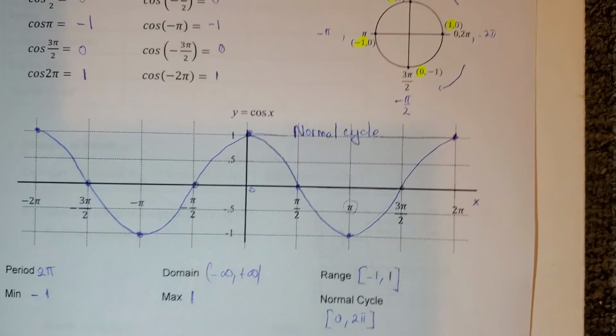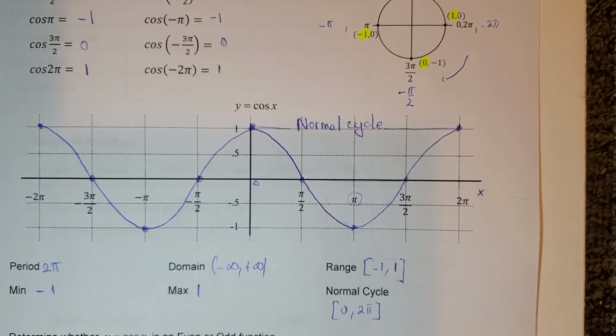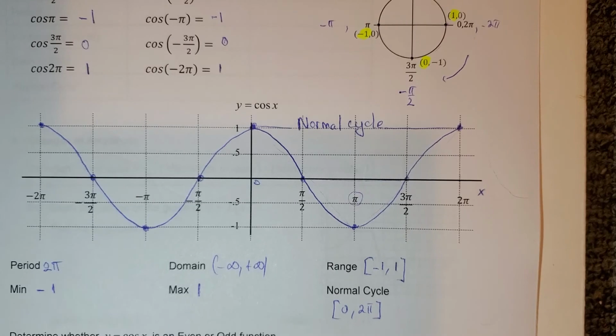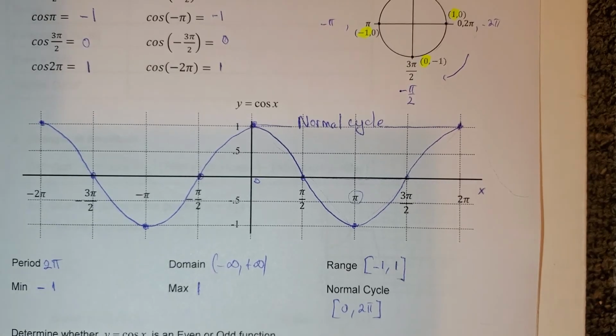So I need to put n pi, where n is an integer, running from negative infinity to positive infinity. Integers are just positive and negative whole numbers.